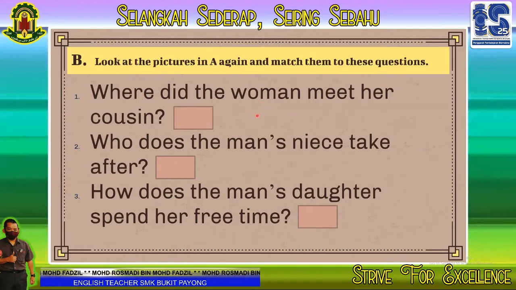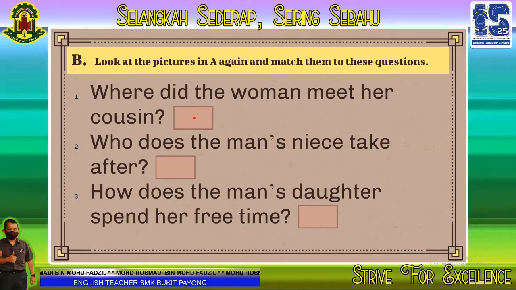Okay, in your textbook ada kan exercise B in your textbook. Okay, copy that one, and then for the answers here, jawapan ni lah baru kita nak tengok A, B, C in option 1 atau 2 atau 3.